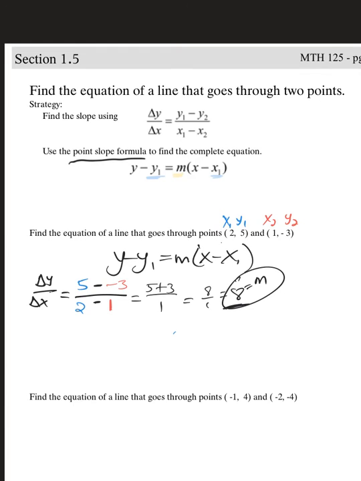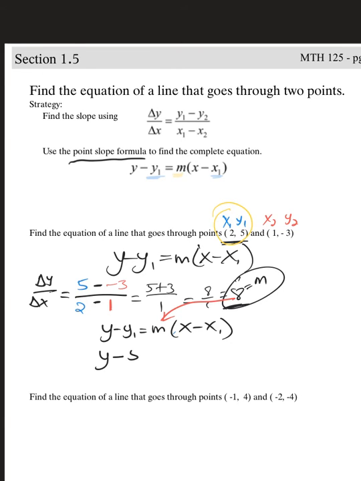I'm going to pick this first ordered pair to plug into my formula. It doesn't matter which one. The formula for point slope form as written above is this. I'm plugging in 8 for the m, and I'm going to plug in 2 and 5 for x1 and y1. So here we go.